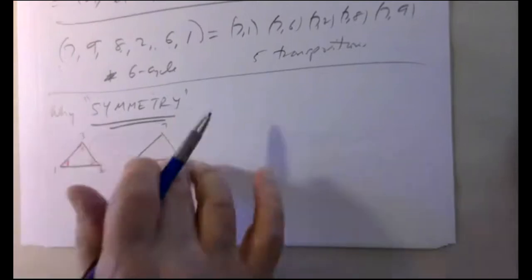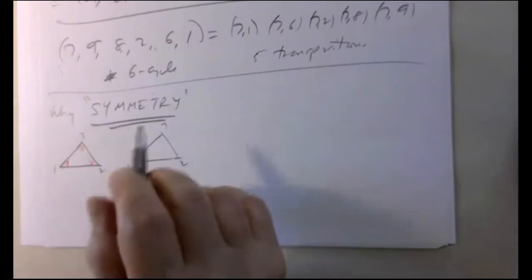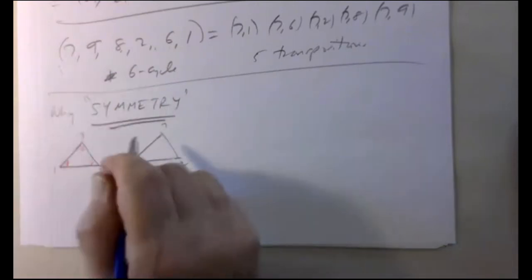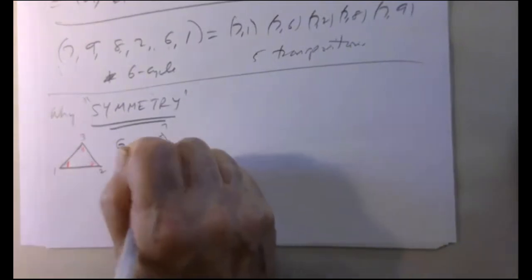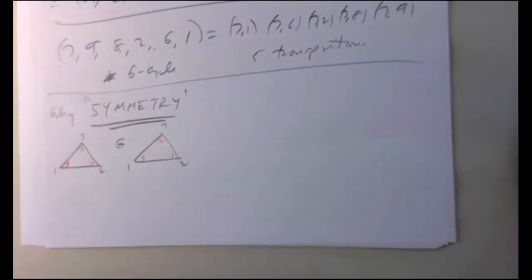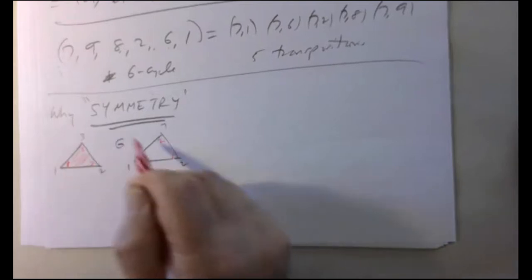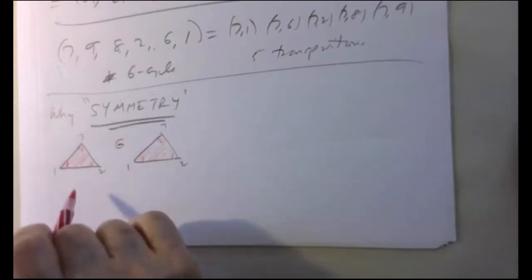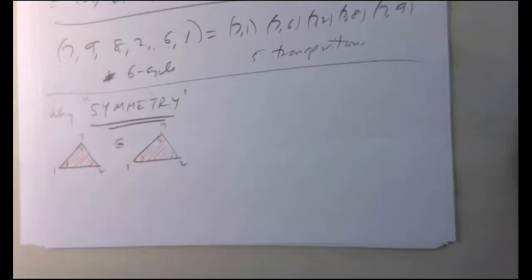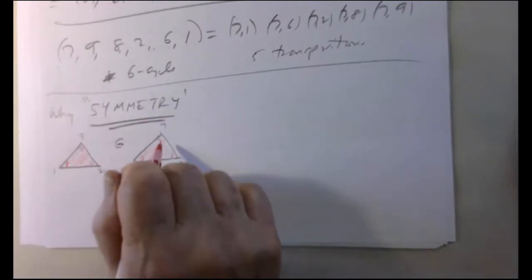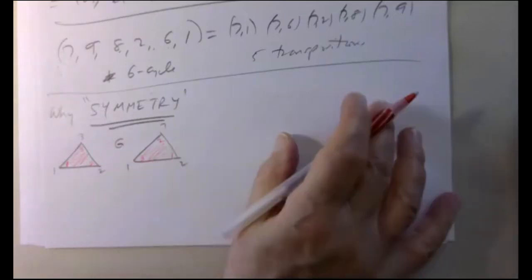Well, I could just put it down in the same place, or I could rotate it by 120 degrees or 2 pi over 3 radians. If I rotate it, then this is 1, this is 2, this is 3. I'm thinking of this triangle as being like a piece of cardboard with these numbers written on the corners, and I pick it up out of the paper and I put it back in the same physical space, but I can change it.